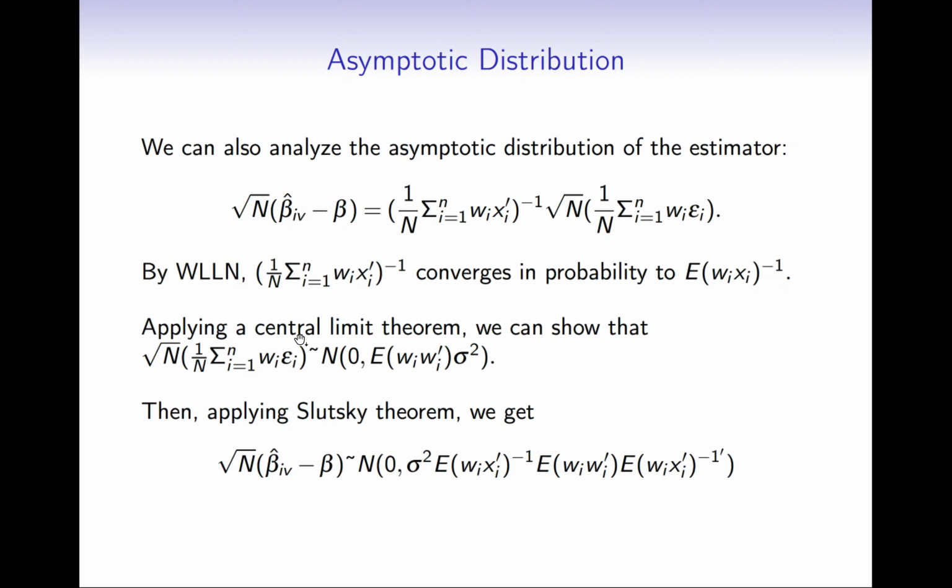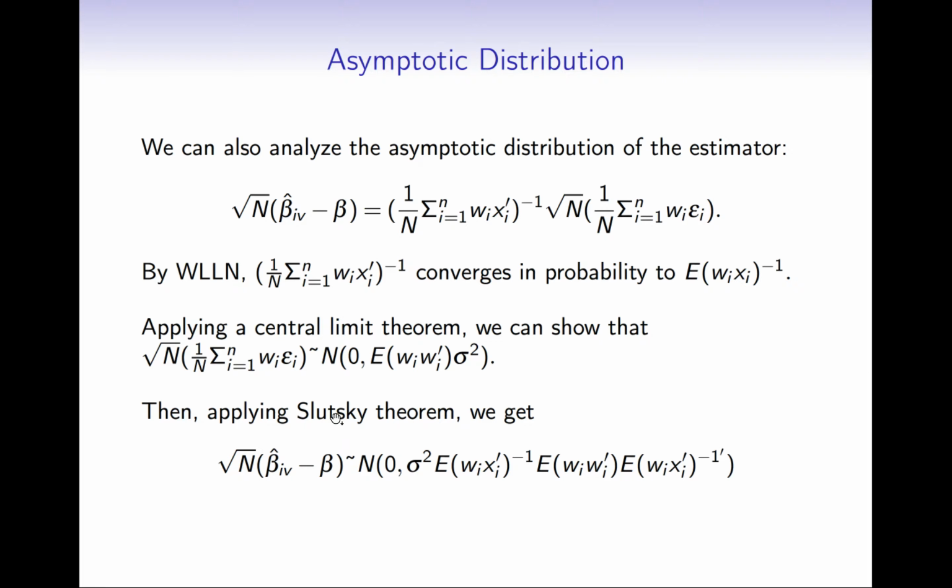The variance is E of Wi epsilon i squared Wi prime, and you have to apply the law of iterated expectations to write it in this way. Then we have something that converges in distribution and something that converges in probability, so we can apply Slutsky's theorem to come out with the overall distribution of the IV estimator. And that's the distribution.